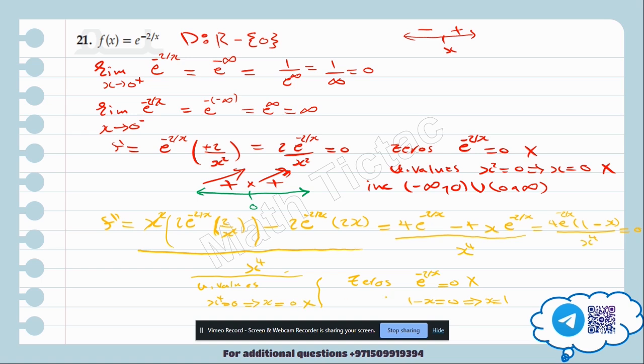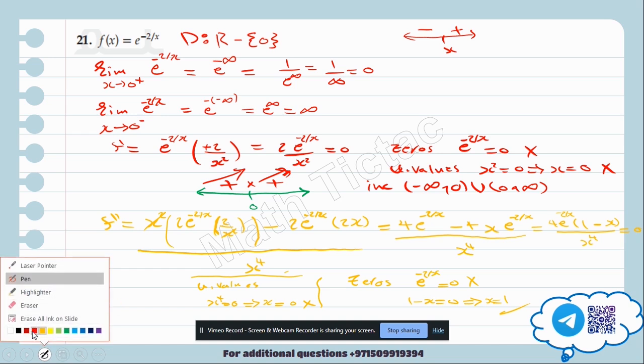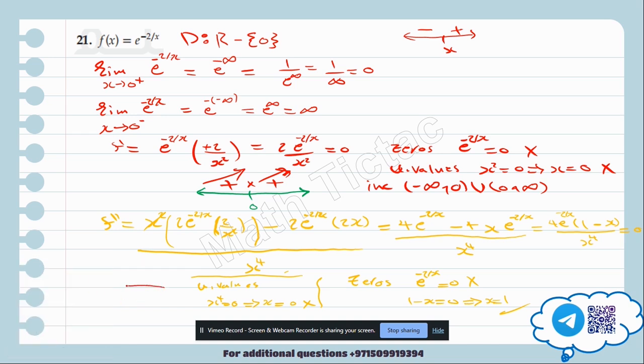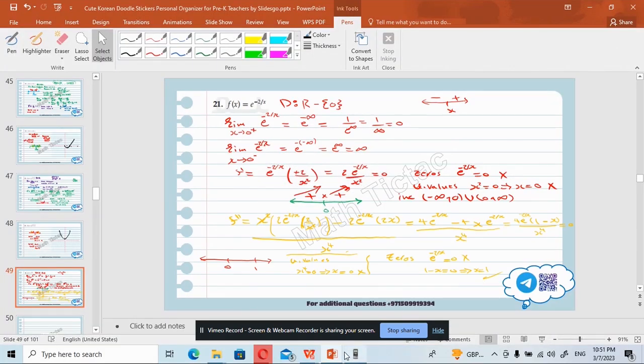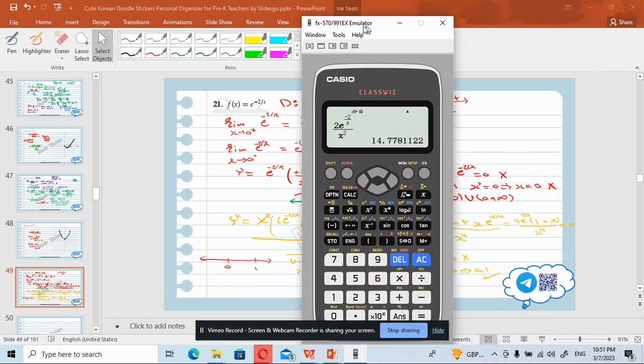This is rejected, this is accepted. Now I have only one value that could be an inflection point. Although 0 is rejected, I will take it on the number line. So let's take the number line for the second derivative, this is the 0, and this is the 1. Let's substitute in the second derivative and see what signs we will get.